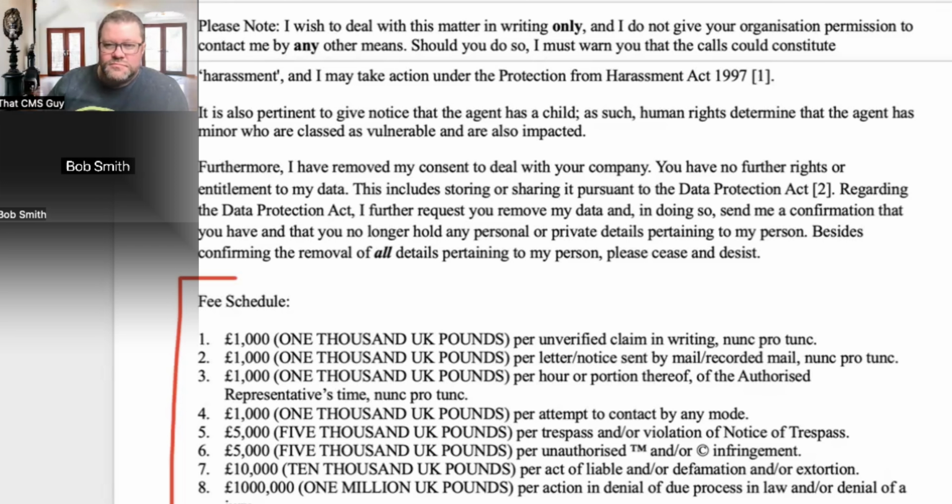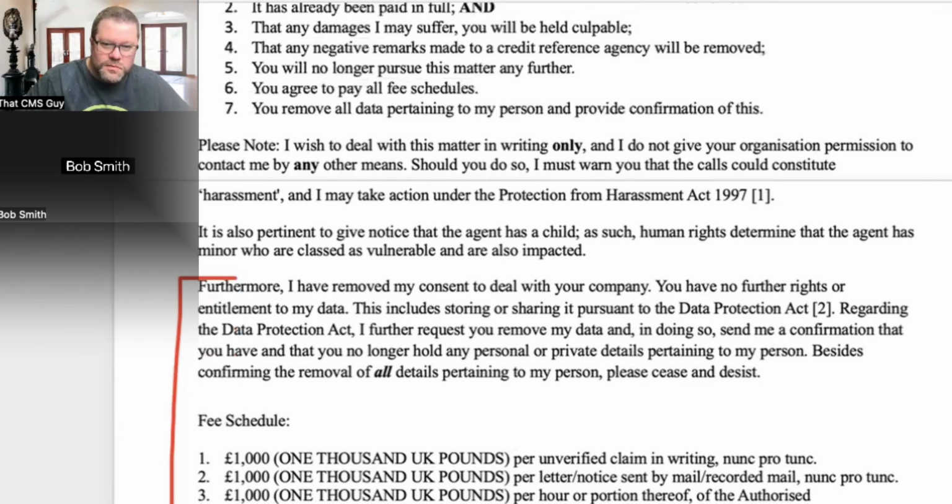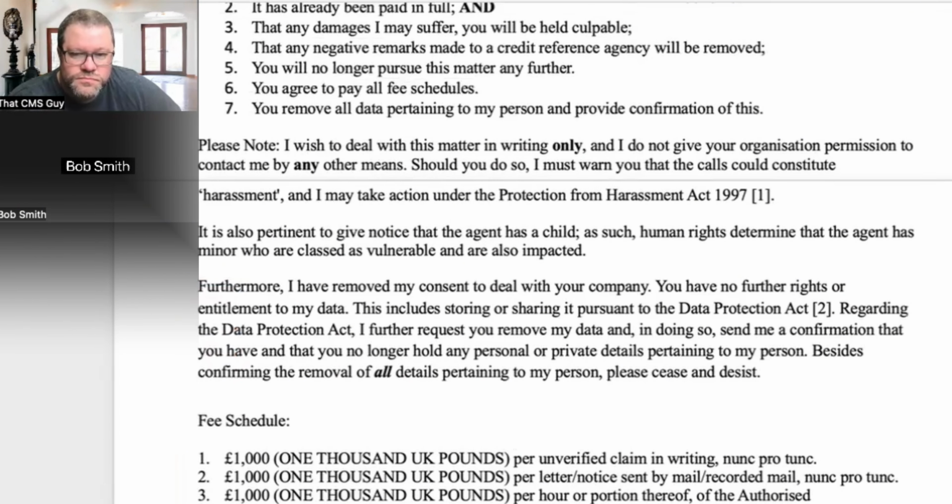Exactly. Anyway, this fee schedule is what we referred to earlier. This is really interesting, this part. So what's this about then? It was mentioned earlier, so if you scroll back up a little bit. There's basically 3 sections to this. The first part says, this is my situation, this is what's happened.